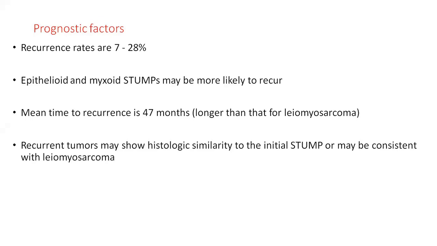So sometimes when they recur, they can recur the same as the initial STUMP, the way it was diagnosed, or in the next recurrence, they can be full blown leiomyosarcoma and they acquire more morphological features.